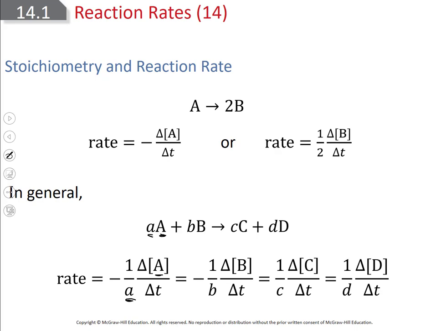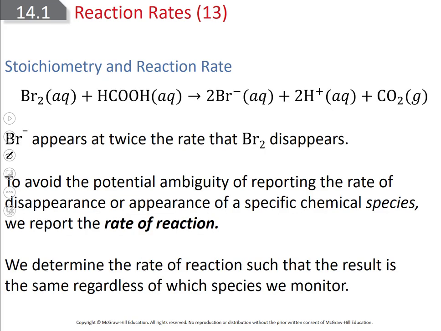So in the case here, your lowercase is your coefficient of 2. So if we were writing it in terms of this term right here, the rate would be equal to 1 over 2 times the change in concentration of bromide ion over time.